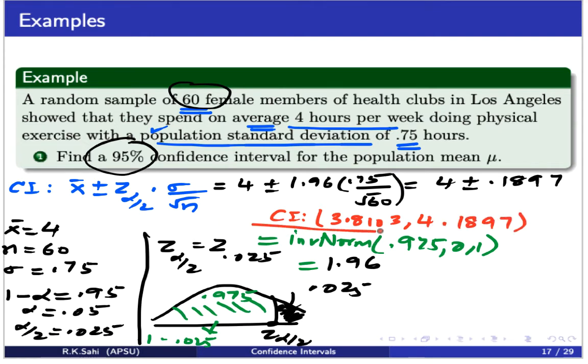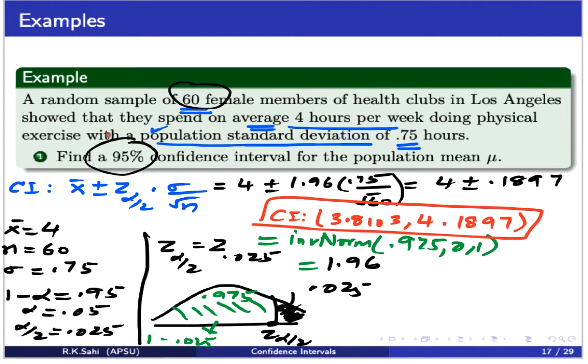So that's our answer, guys. So we are 95% confident that the true population parameter, mu here, the mean, is going to lie between 3.8103 to 4.1897 hours. Remember, the problem over here is how many times on average the members of the club are doing physical exercise.